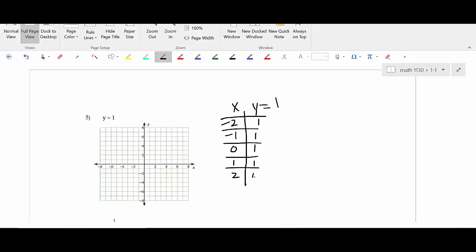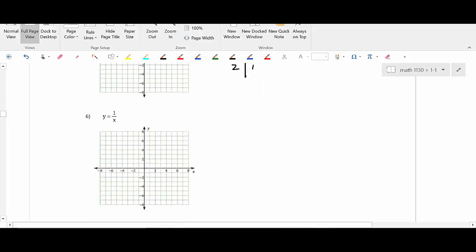Yeah, it'd look like that, okay? So when you plot these points, they're always just going to be up 1. So if you graph y equals 1, you just want to know that that's a horizontal line that goes through y equals 1 like that. That's what it means, okay? All right?